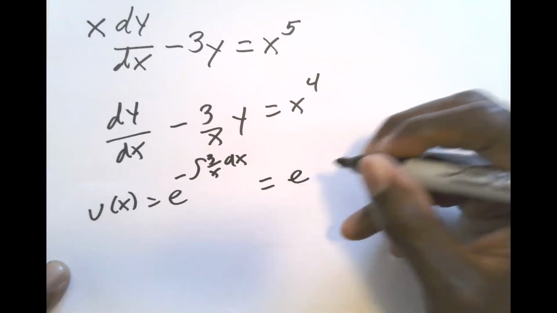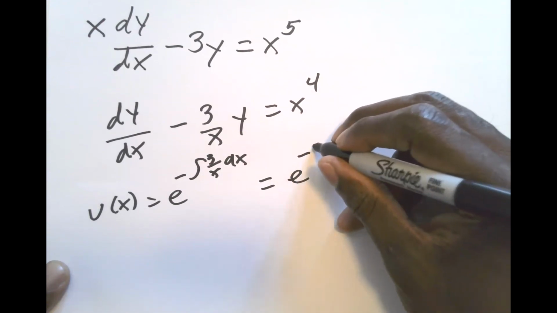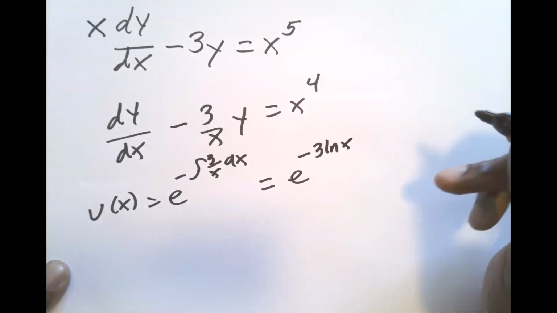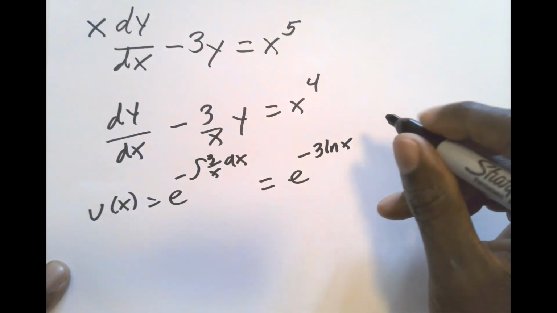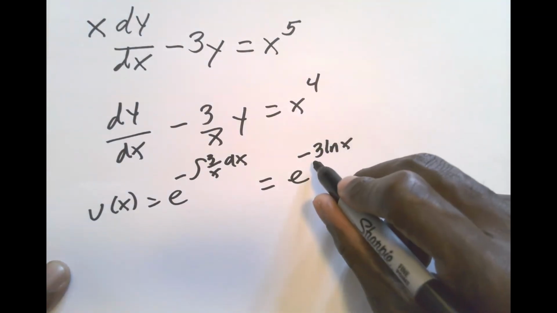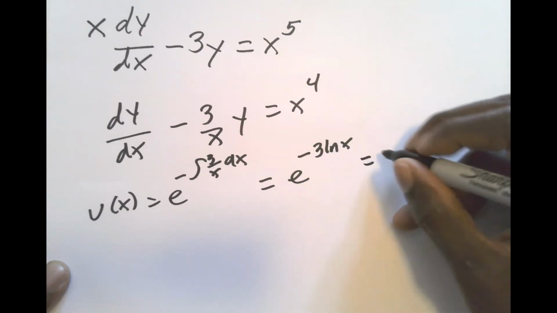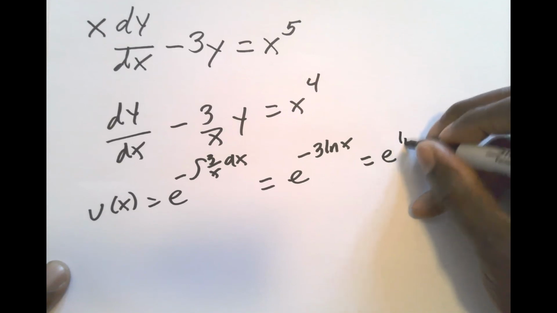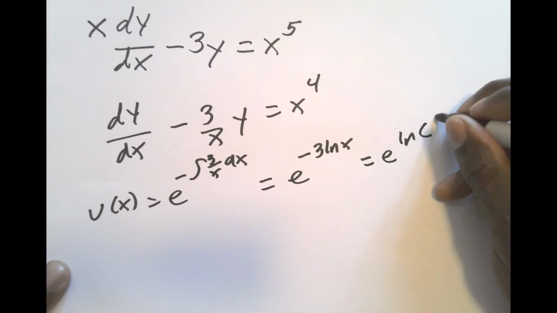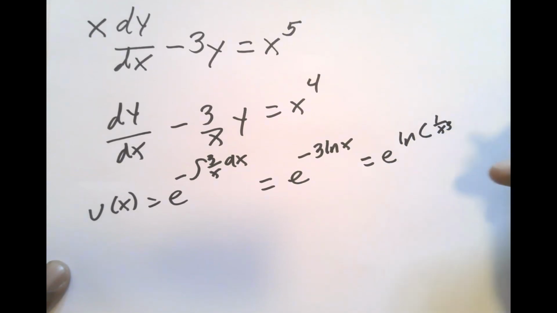That's going to be e to the power of negative 3 ln x. And so I'm going to make this negative 3 the exponent. So that's going to be e to the power of ln 1 over x cubed. Which means I'm going to get 1 over x cubed.